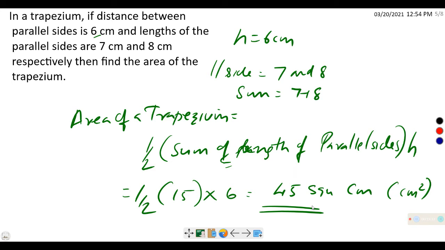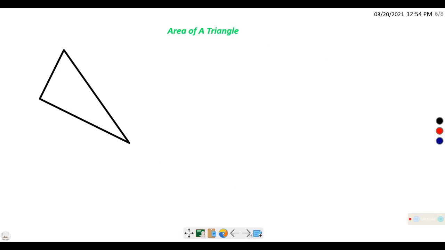So my dear students, we reached the understanding of a formula which is very useful and very frequent in higher classes, the formula of a trapezium, right? And further you have to study about the area of a triangle. We already know how to find the area of a right angled triangle, and we also know the area of any triangle if you know half into base into height.